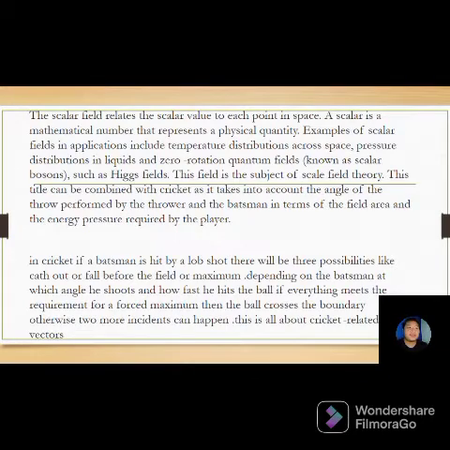In cricket, if a batsman hits a lob shot, there will be three possibilities: catch, out, or fall before the field or a maximum, depending on the angle at which he shot and how fast he hit the ball. If everything meets the requirement for a maximum, then the ball crosses the boundary. Otherwise, two more outcomes can happen. This is all about cricket related to vectors.